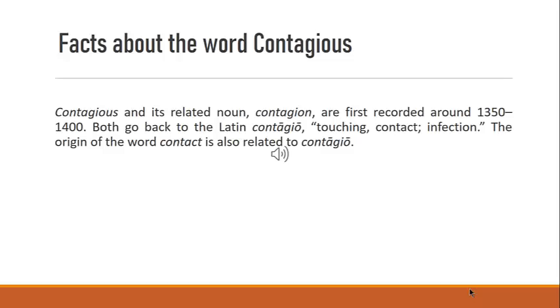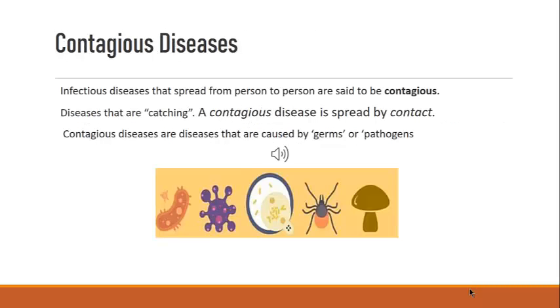Do you know what is the meaning of contagious? Contagious is a word which came from a Latin word contagio. The meaning of contagio is touching, contact or infection. Contagious diseases are also known as infectious diseases and communicable diseases.